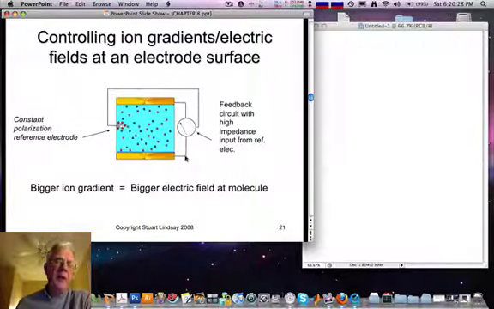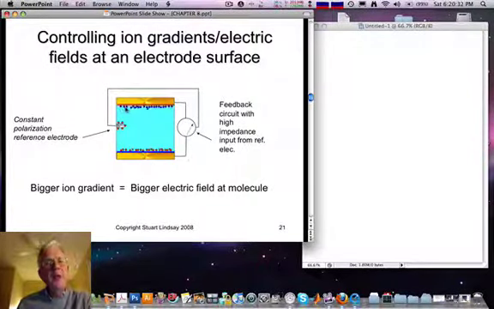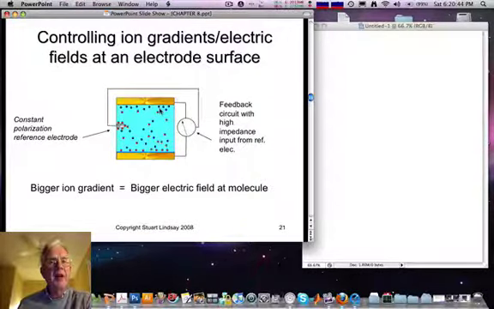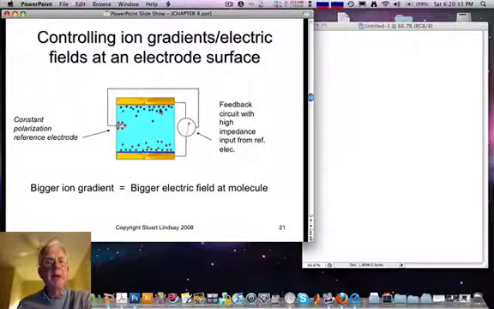Now, the fundamental problem that arises is this. All of the electric field, as we understand from when we discussed the Debye model of polarization at an electrode surface, is concentrated within about a Debye length of the electrode, which, as you now know, for a 1 molar salt is approximately 3 angstroms.